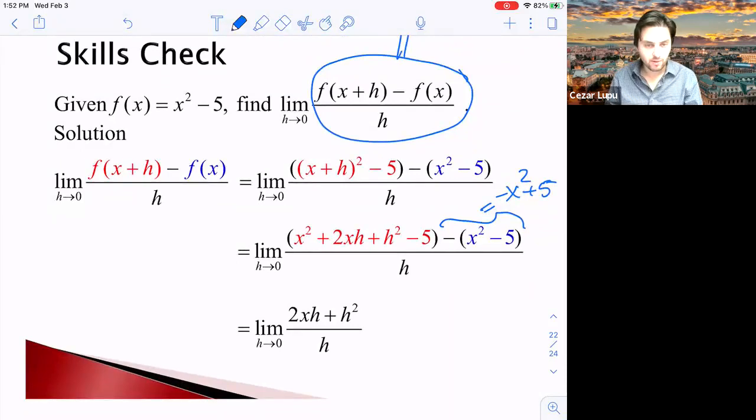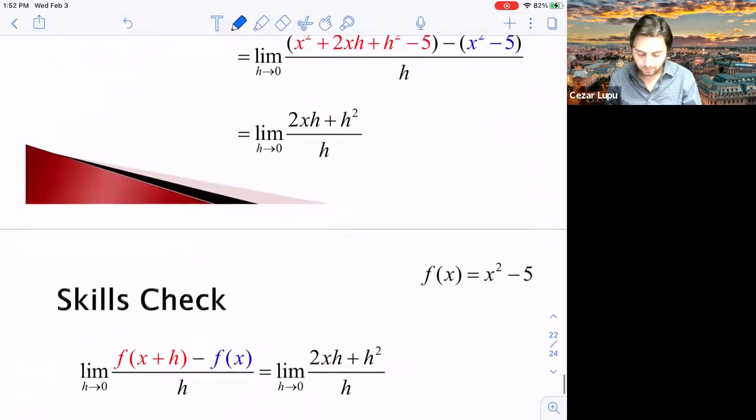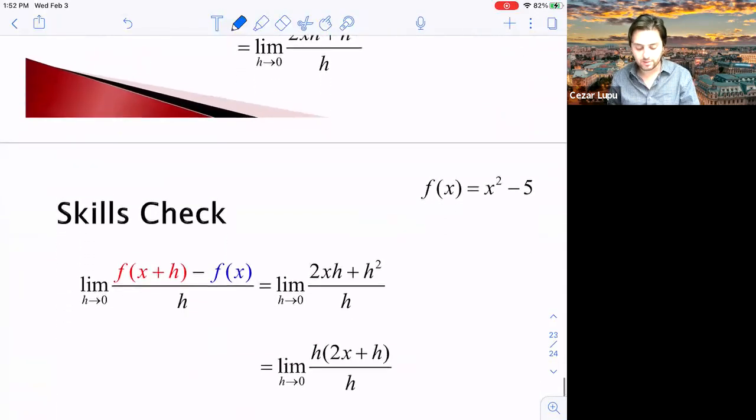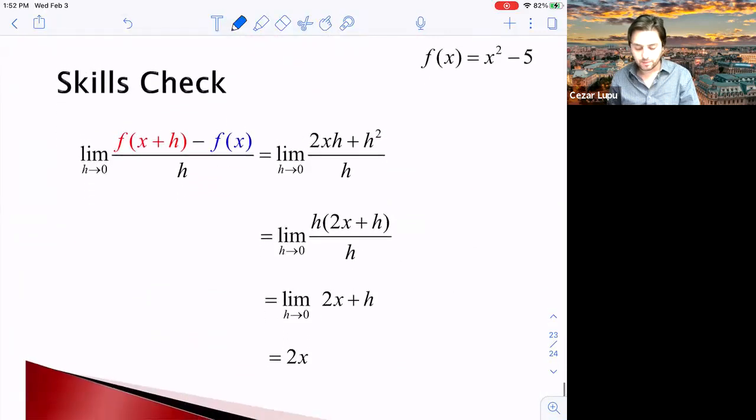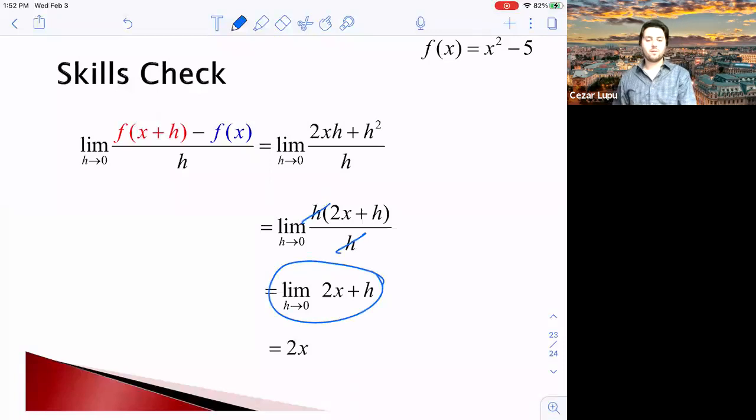And now we can factor an h. You see, we have this. I can factor an h here on the top. See, it's pretty clear. And then I will just cancel h here. And once I do this, I will obtain the limit as h approaches 0 of 2x plus h.